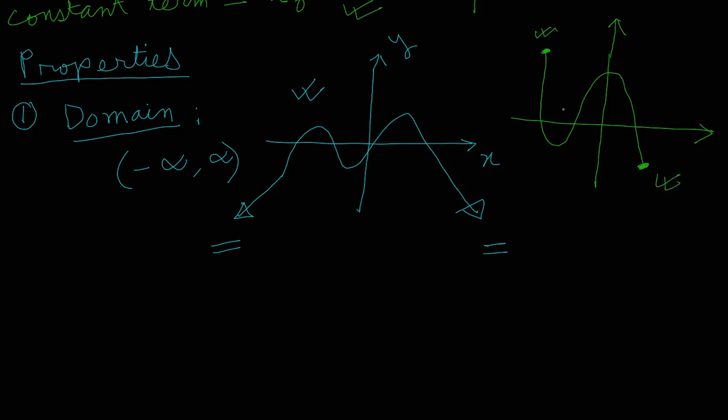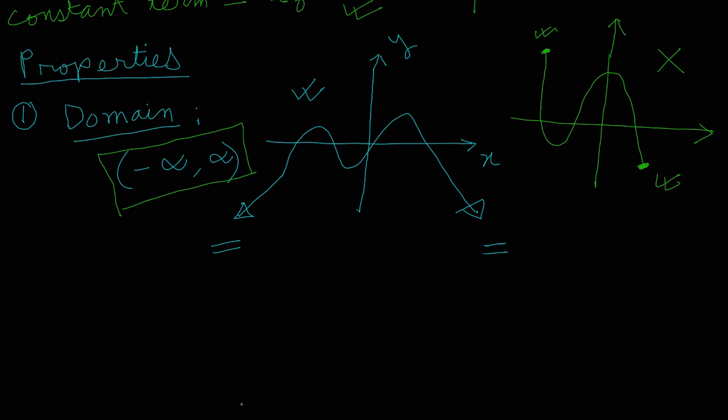That means the domain does not start from negative infinity and the domain does not end at positive infinity. So that means this is not a polynomial function. All right, so I hope you understand the domain. Okay, so the domain of any polynomial function must be negative infinity to positive infinity. So this is the number one property of a polynomial function.